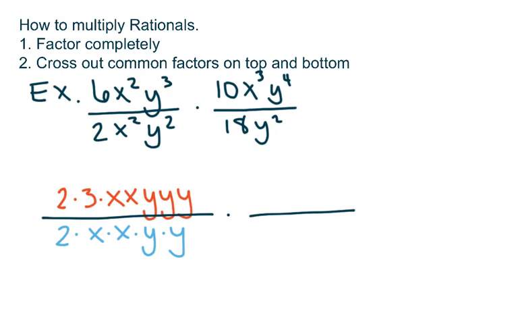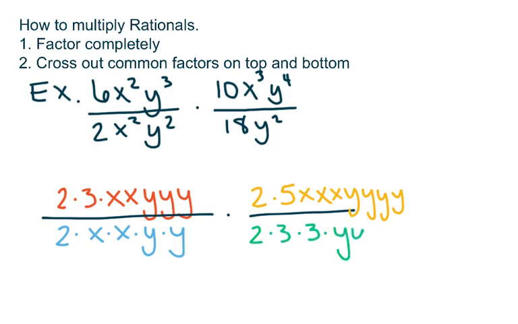Same thing for this one. The second numerator, if I break down the 10, that's a 2 and a 5. X cubed is 3 x's. Y to the 4th is 4 y's. And then I'll do the same thing for that bottom. If you break down 18, it's going to be a 2, a 3, and a 3. And y squared is going to be y and y.